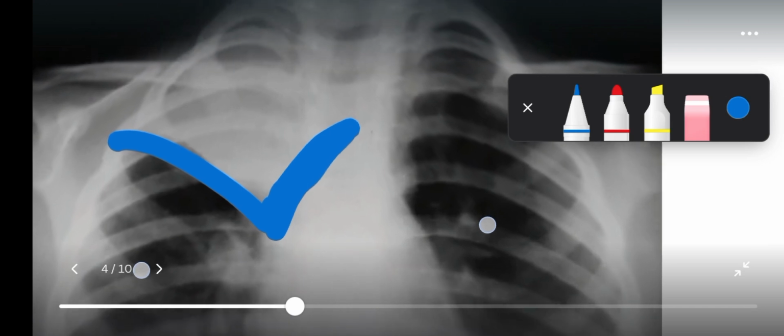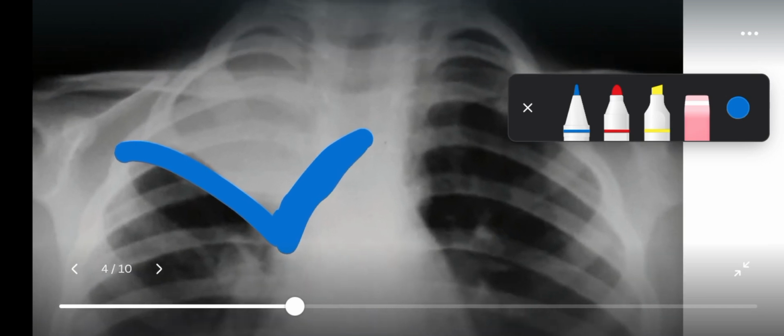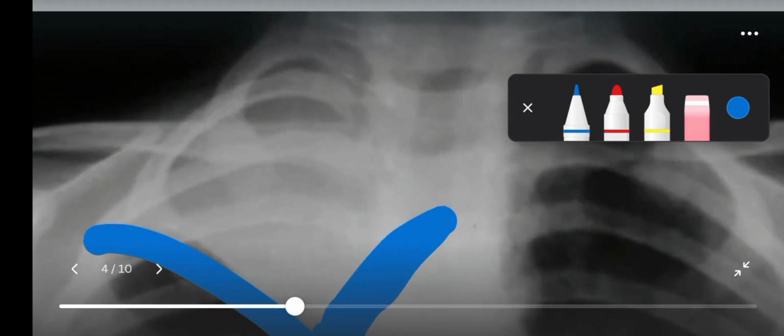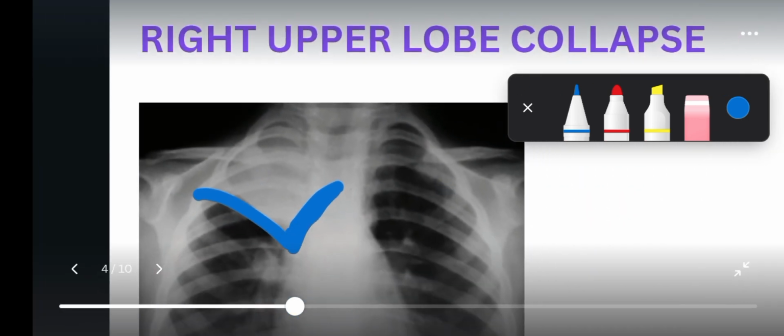And if we look closely in this area that is collapsed, we don't see any sign of air bronchogram. So it is not pneumonic changes. It is not consolidation. So it's a collapse. You see, they appear uniform. There is no area of any black lines seen. So these are features that distinguish consolidation from a collapse.